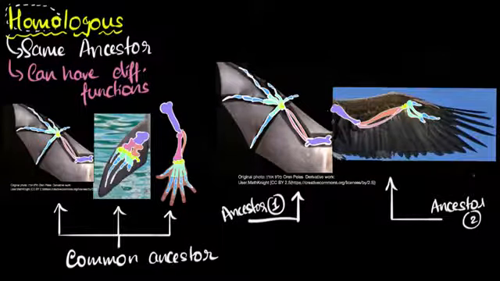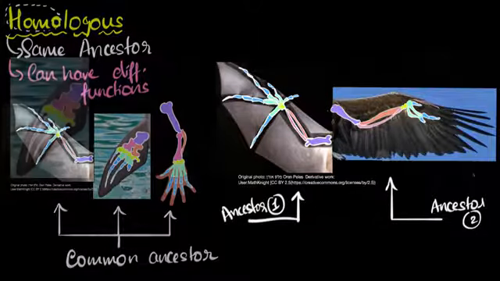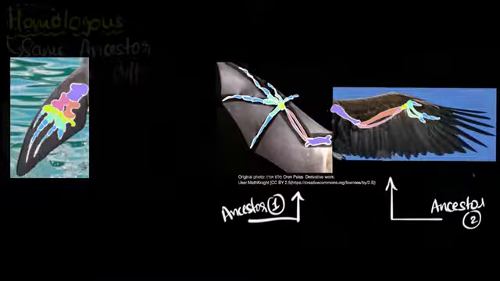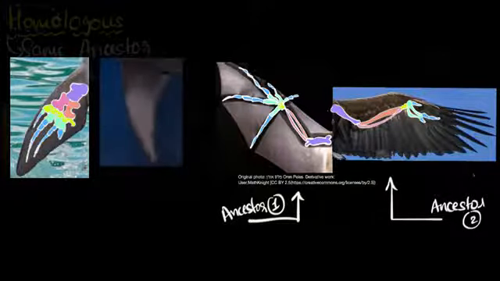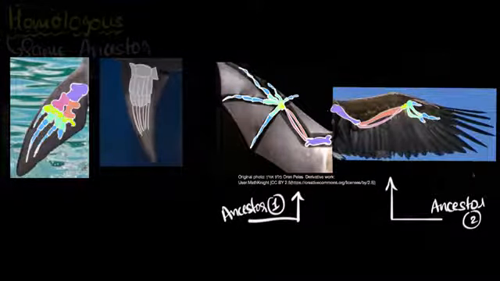Before I tell you the name of this, let me show you another example. If you look now at the flipper of a dolphin and compare that with the fin of a shark, the bones of the shark might look somewhat like this. This is an approximate drawing. And if you're wondering why I haven't colored it, it's mainly because there's nothing similar between them to color.